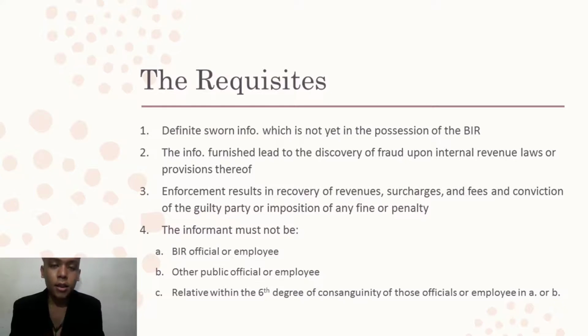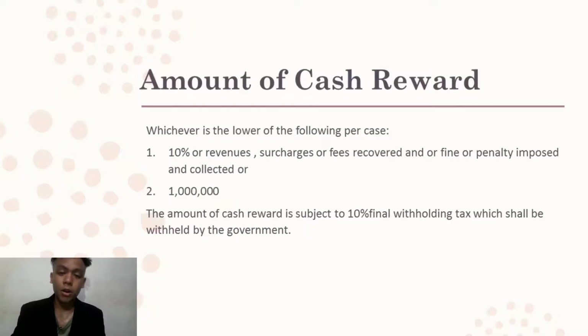And lastly, the informer must not be a relative within the 6th degree of consanguinity of those officials or employees mentioned in A or B. So now, let us proceed to the amount of cash reward. The amount of cash reward refers to whichever is the lower of the following per case. There are two cases.